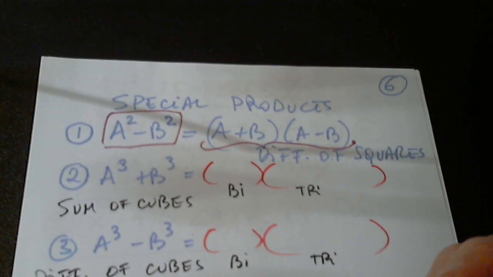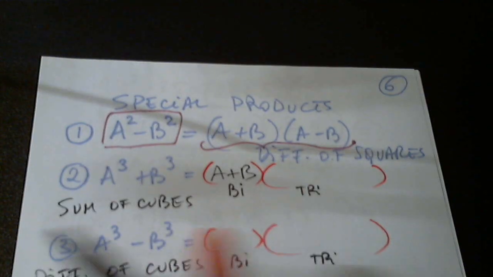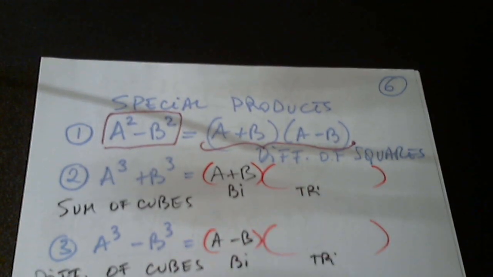The binomial is always easy. It's a plus b here, or a minus b here. Done. But now we have to understand the pattern for the trinomial.